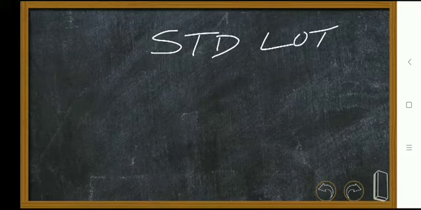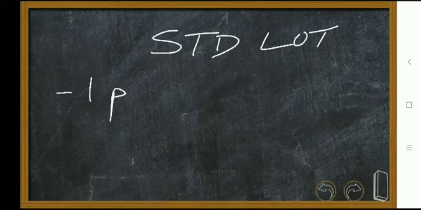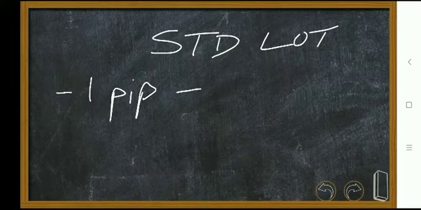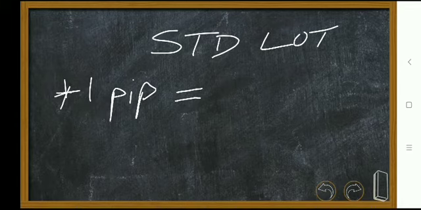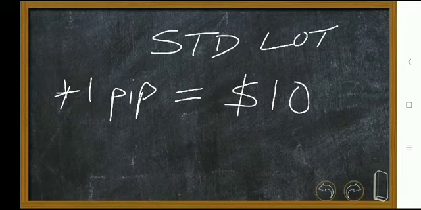For a standard lot, a movement of one pip will be equivalent to $10. I hope you're getting this. For a single standard lot, one pip will be equivalent to $10.